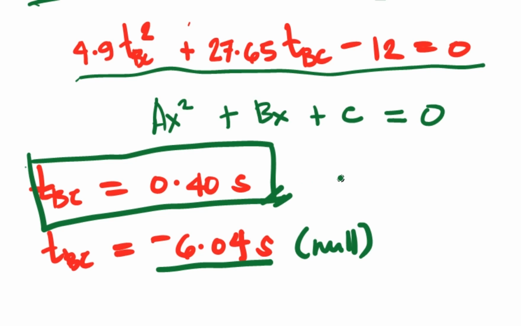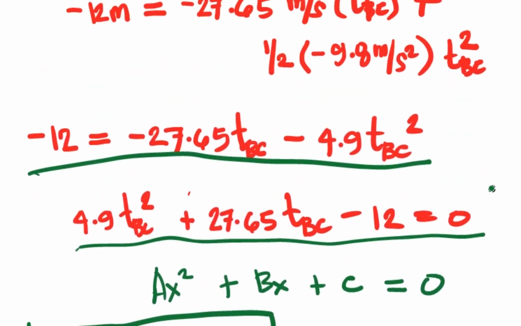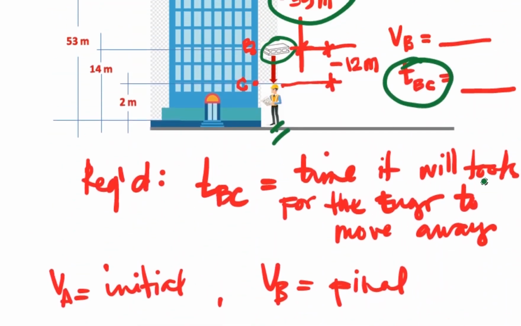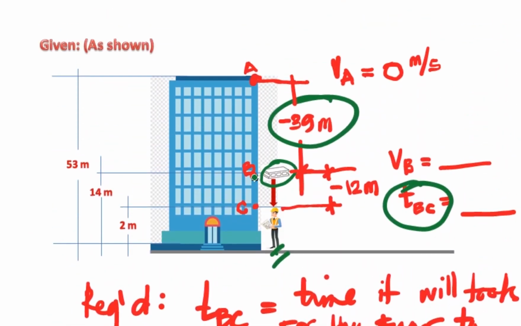So the engineer must move away quickly. If he sees the block 12 meters above his head, going back to our illustration, the engineer sees it 12 meters above his head because he is 2 meters tall. Now the engineer must move quickly, within 0.40 seconds, so that he will be safe from getting hit by the cement block.